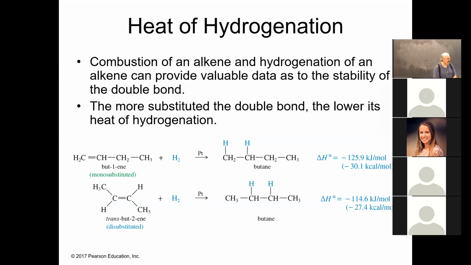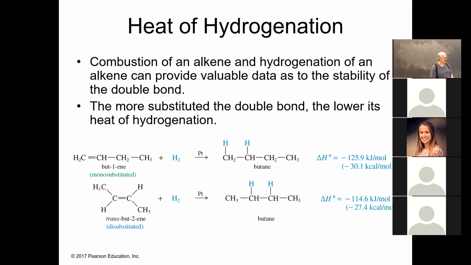We're going to be talking about stability of alkenes. And one way that we can actually quantify the stability of alkenes is by something called the heat of hydrogenation. We can actually use a calorimeter to measure the heat that is evolved during hydrogenation or addition of hydrogen.